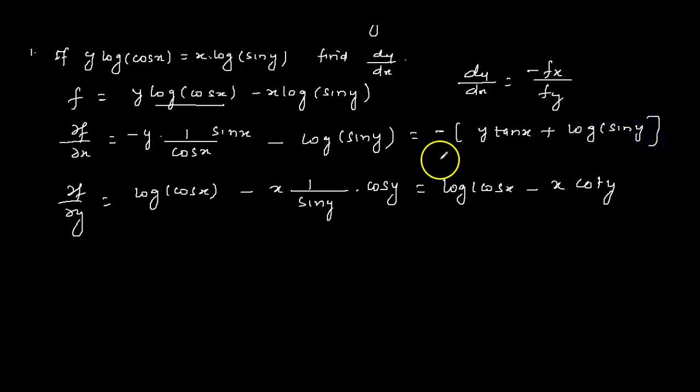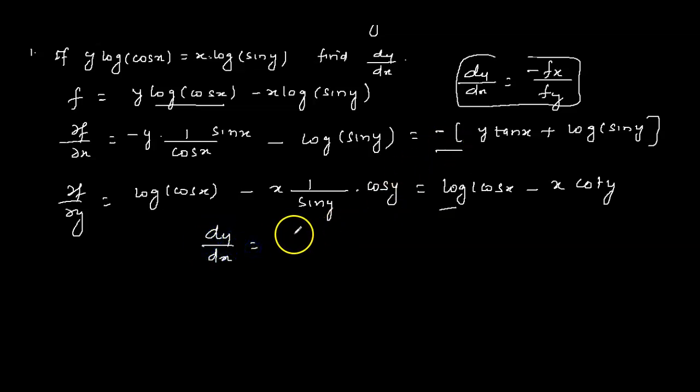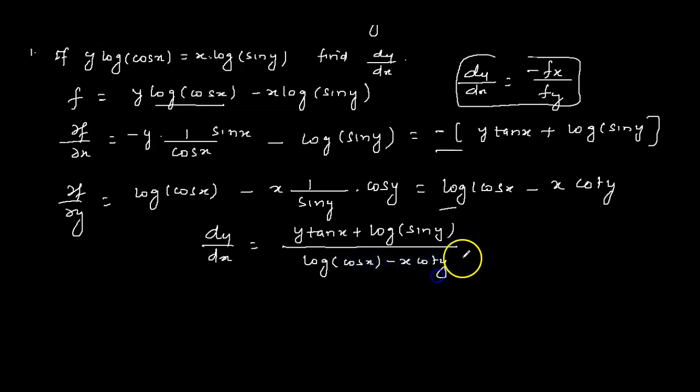So this one is with respect to x, and this is with respect to y. Substituting the values in the formula, we get dy by dx equal to minus, which becomes plus here, y tan of x plus log of sine of y divided by log of cos of x minus x cot of y. So this is the formula.